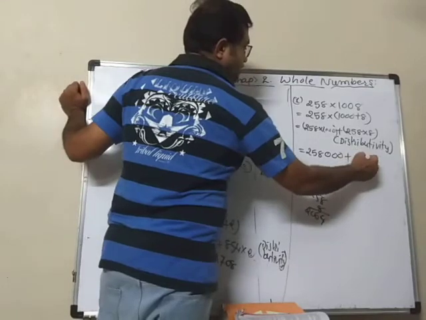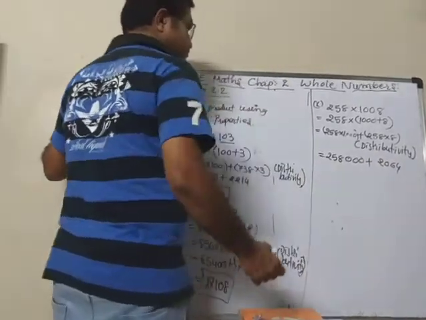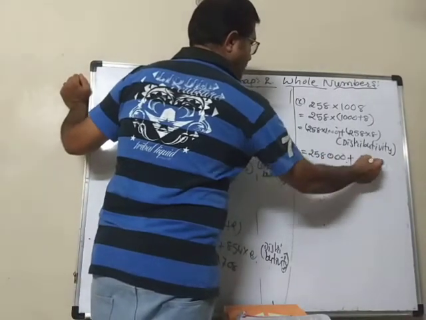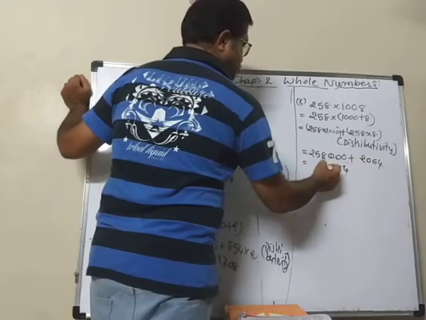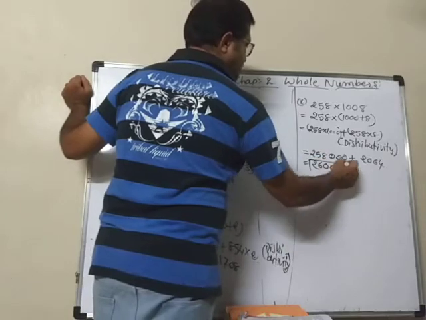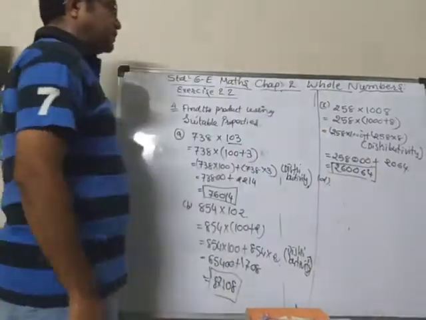So 2064. Now adding them, we get 4 plus 0 is 4, 0 plus 6 is 6, 0 plus 0 is 0, 8 plus 2 is 10, carry. 260064. That is your answer.